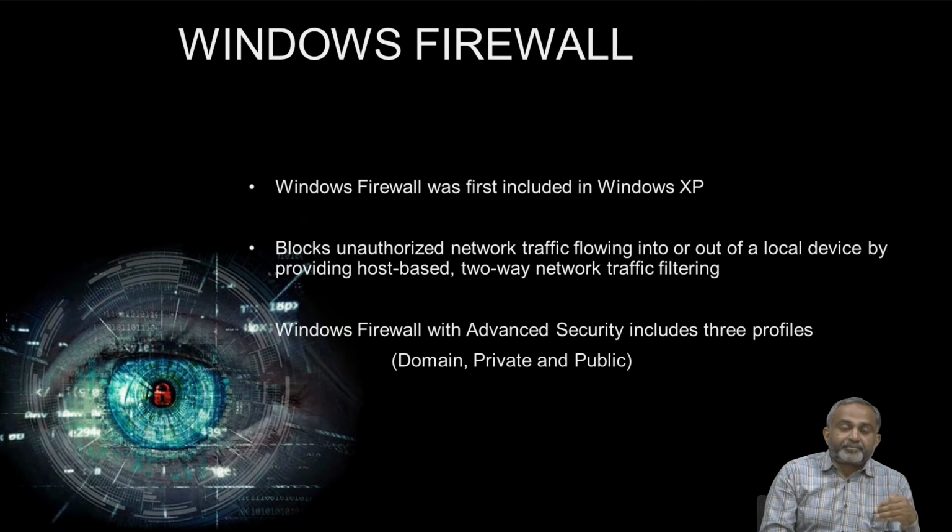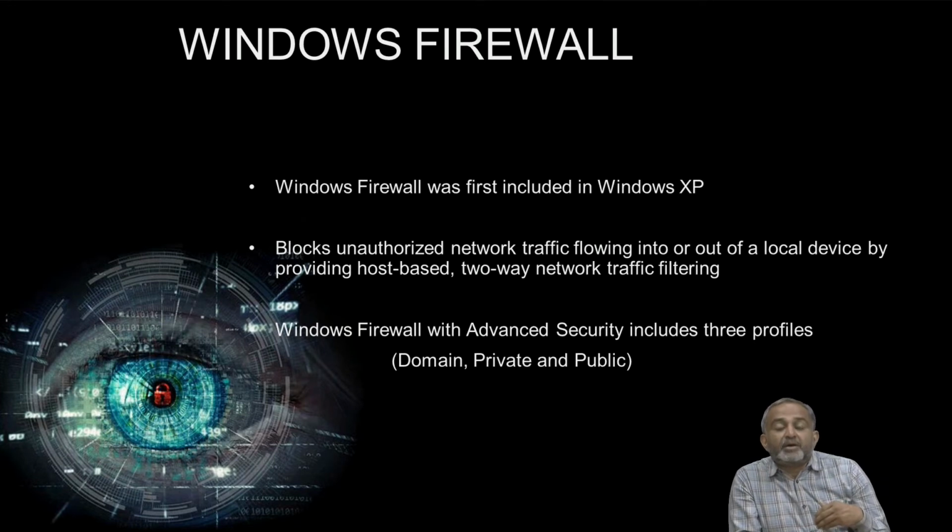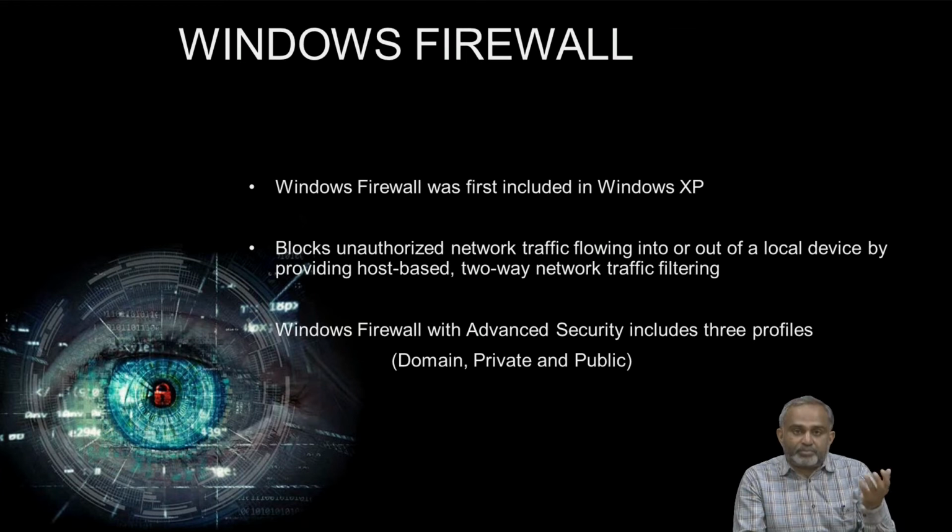In such a place he or she does not want to disclose information regarding his or her computer, but all the connected nodes, all the other devices in a similar network, are trusted nodes.